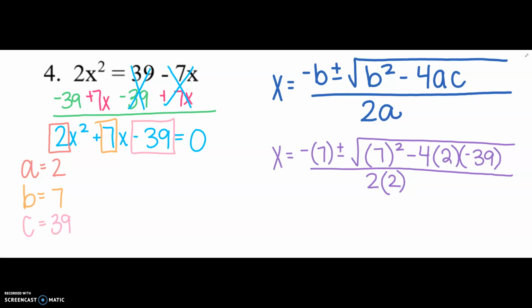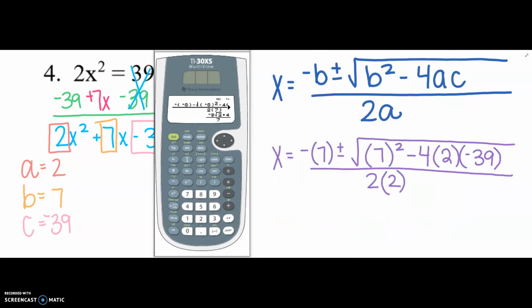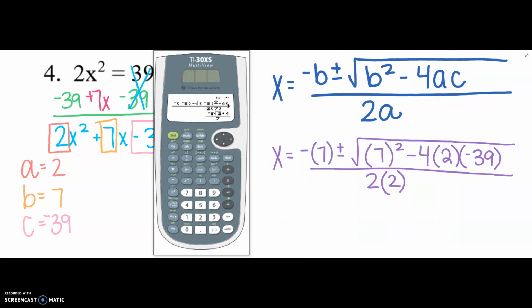And before we put this in the calculator, I want to double check that you guys wrote negative 39 for your C value. I circled the 39, didn't put it as the C, but I did type that into my quadratic formula. All right, now we'll grab our calculators and we will plug our formula into the calculator.